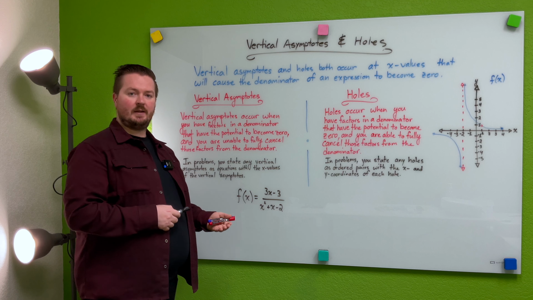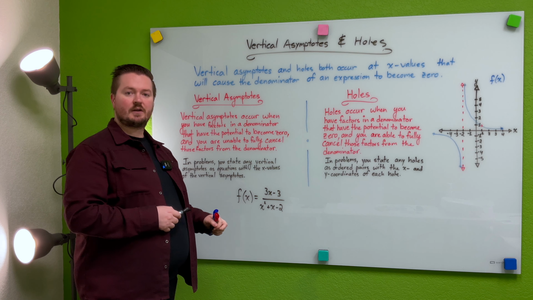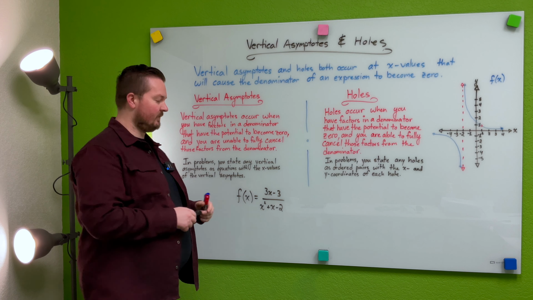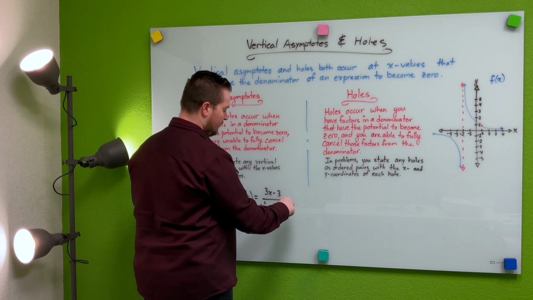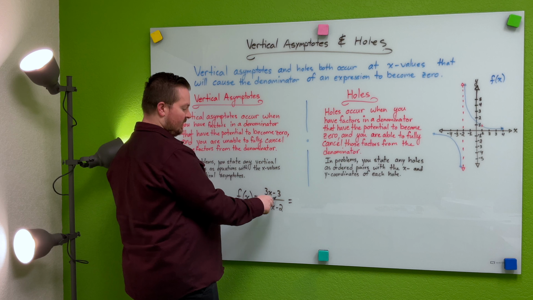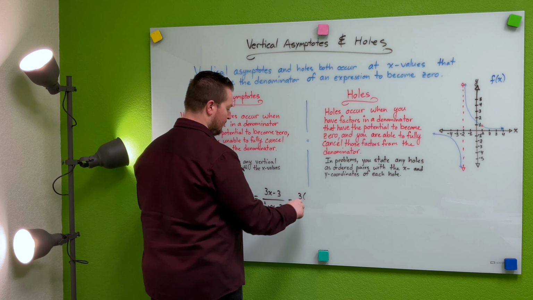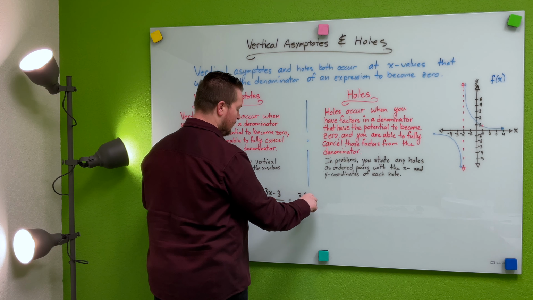We do that by factoring the numerator and the denominator of any rational functions we have. For the numerator, we see there's a common factor of 3, so we factor this to be 3 times x minus 1.